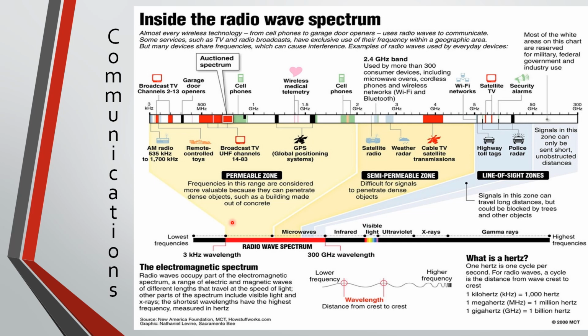Things in the semi-permeability zone are like weather radar, and then the 2.4 gigahertz band, which is used for hundreds of consumer devices, including Wi-Fi and Bluetooth, and then also line of sight. So things like police radar need line of sight. That means that if you're not able to see it, it won't be able to communicate effectively.